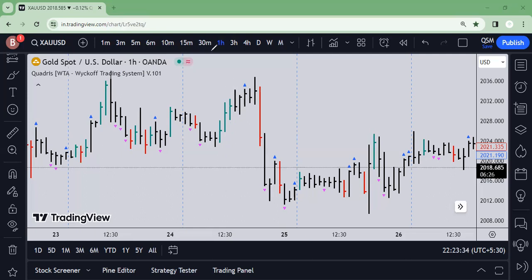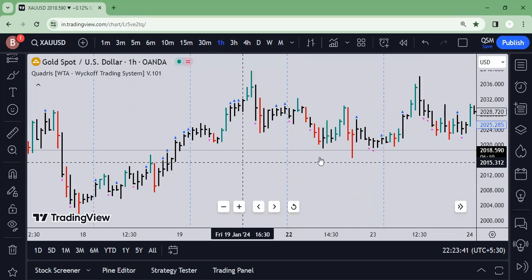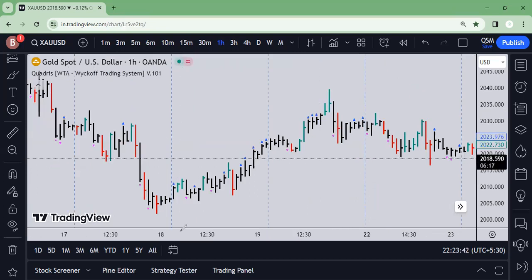My preferred way of using this is like here. We have buying, buying, buying, no whatsoever selling. Selling came in, but it was absorbed and the market went upwards. There was a selling pullback.